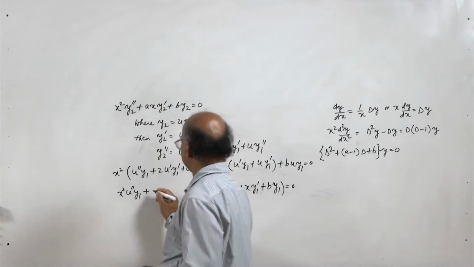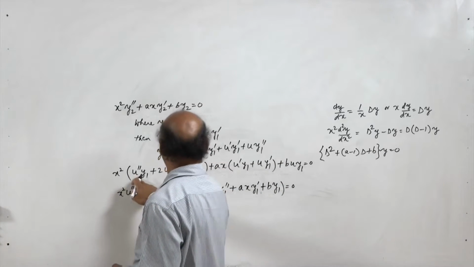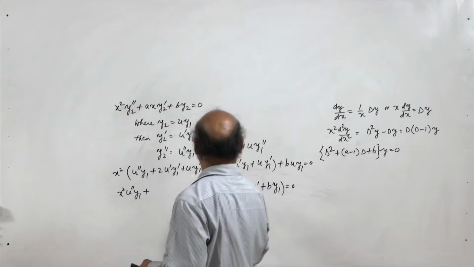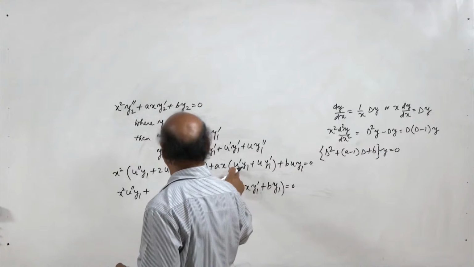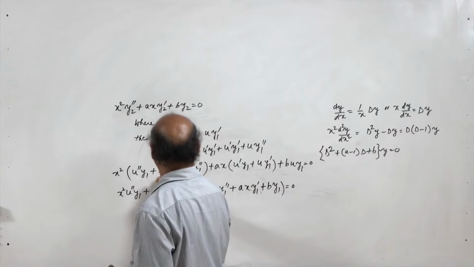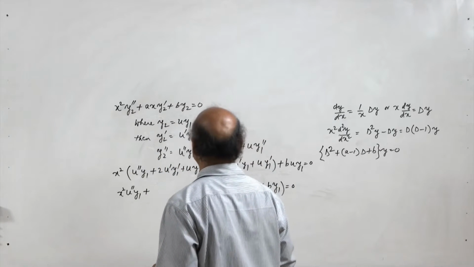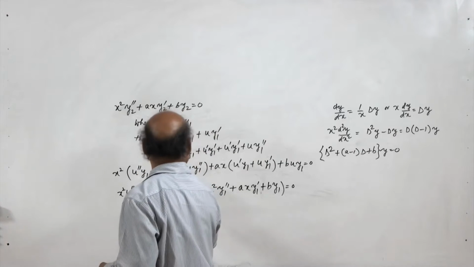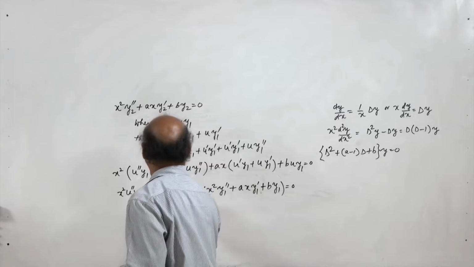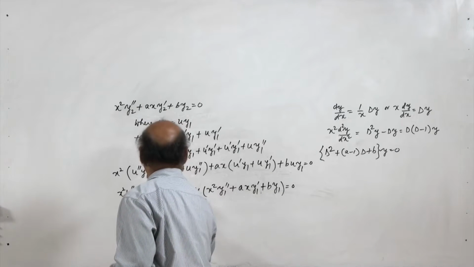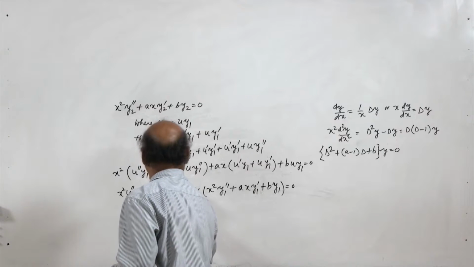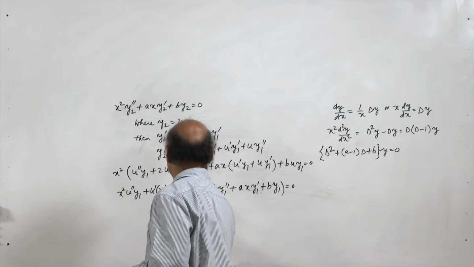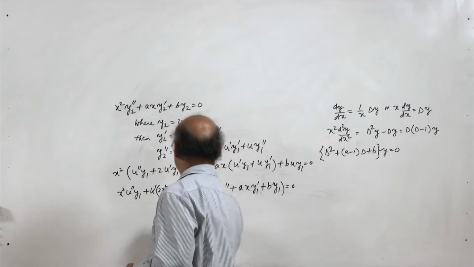What is left out is this: we have taken this term, this term, and that term. So, a x u dash y1, and we have this one, 2 x squared u dash y1 dash. So, u dash times 2 x squared y1 dash and then a x y1 equal to 0.